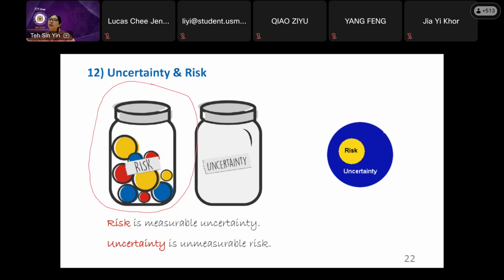Very good. Color. Size. You can see the color, you can see the size. What else can you see? Very good, I see the number of the colored marbles. So you know how many. Okay, very good. So number, size, amount, and also the color. So you have certain information about the left side bottle.